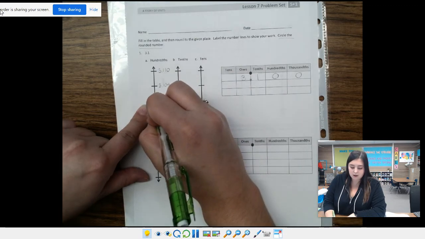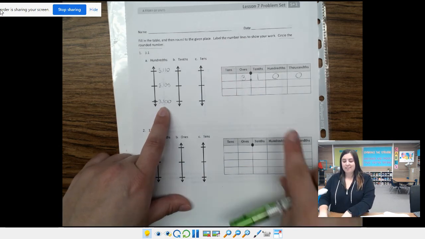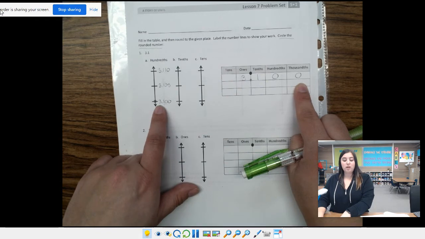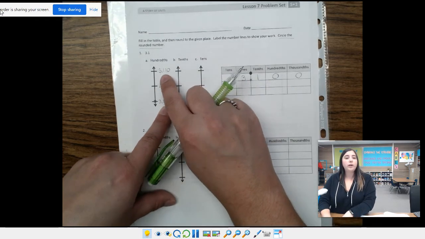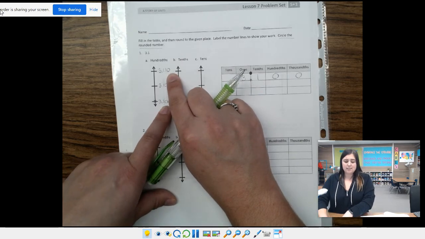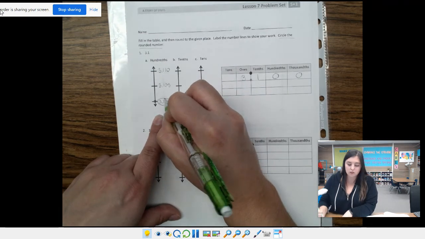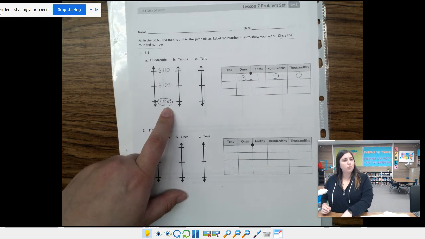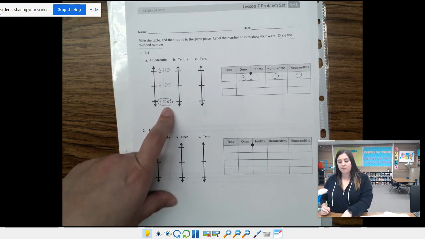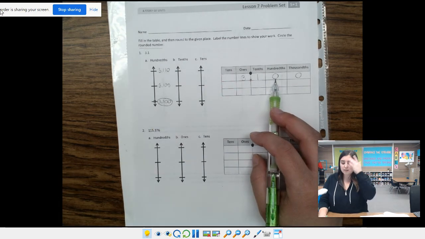It is at the very bottom here. It is the exact same as my bottom point. So now I'm rounding. Is this number closest to 3 and 100 thousandths or 3 and 110 thousandths? It's definitely closer to this one. In fact, it's the same number. So I'm going to circle it. I know it's so teeny tiny to write here, and I apologize. I wish I could have made these bigger. So silly, we're rounding it to our hundredths. There wasn't anything there, so it's going to stay the same.